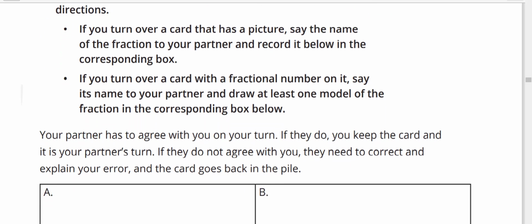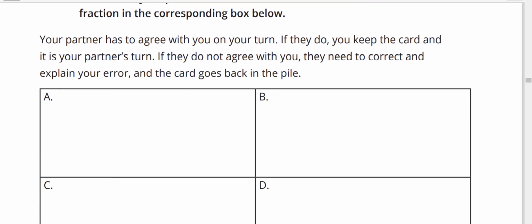Your partner has to agree with you on your turn. If they do, you keep the card and it's your partner's turn. If they don't agree with you, they need to correct and explain your error, and the card goes back in the pile.